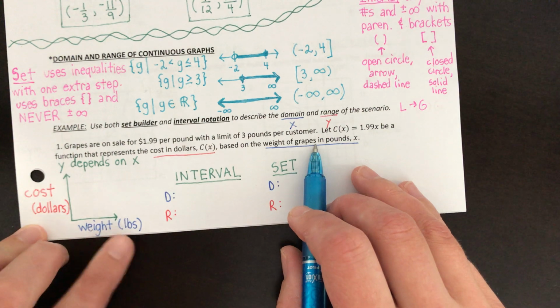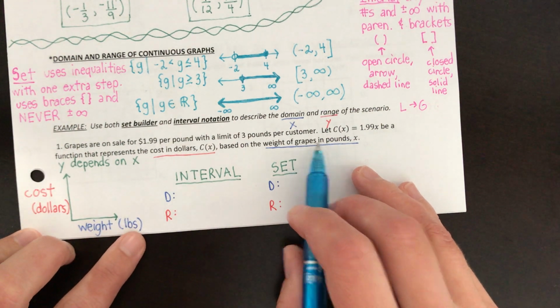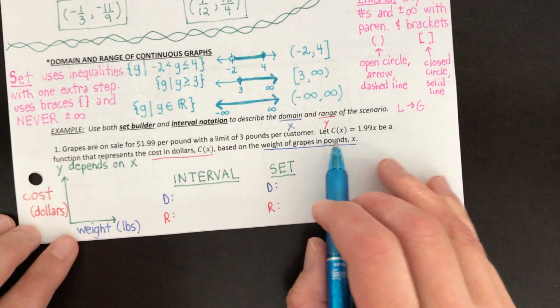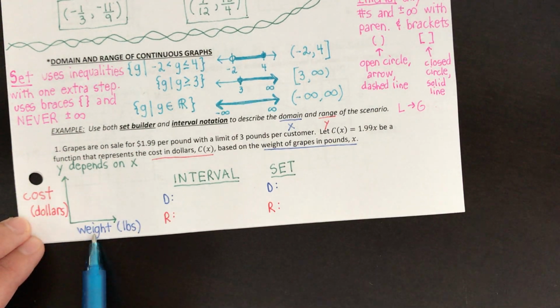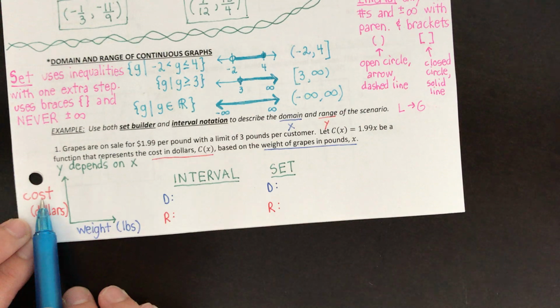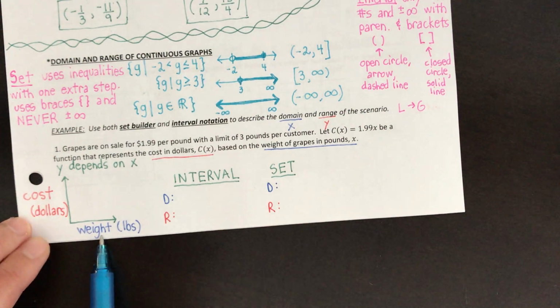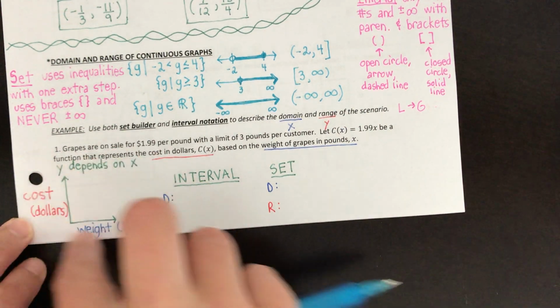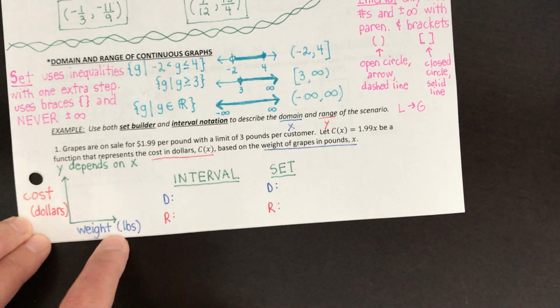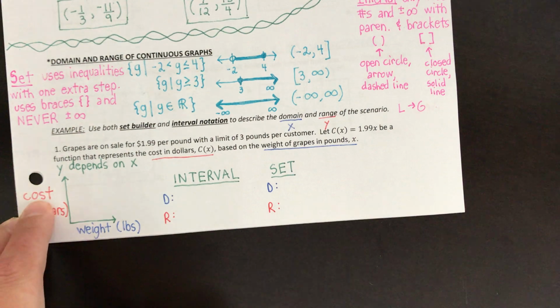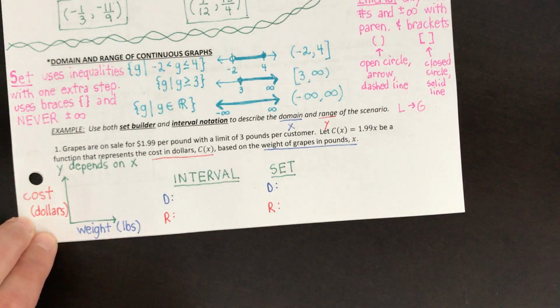Our independent quantity's units is pounds. Said that there. So hopefully you understand, and it makes sense that cost depends on weight. The amount we're going to spend depends on how much weight we buy. Yes, cost depends on weight. So every time you have a word problem, I need to see this so I know you know what's the y and what's the x. What's the dependent quantity and what's the independent quantity.